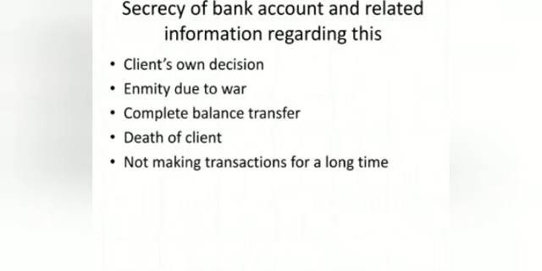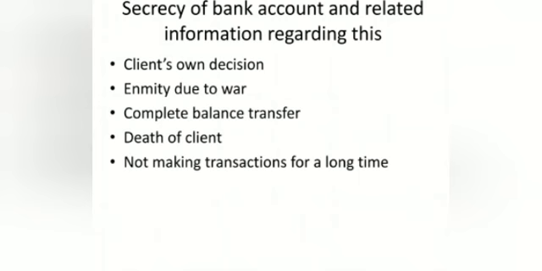Enmity due to war. If the bank and client stay in a location on which division has taken place due to war, the relationship dissolves. Complete balance transfer. If the client orders the bank to transfer all his account balance to another bank, the client's account automatically closes down.